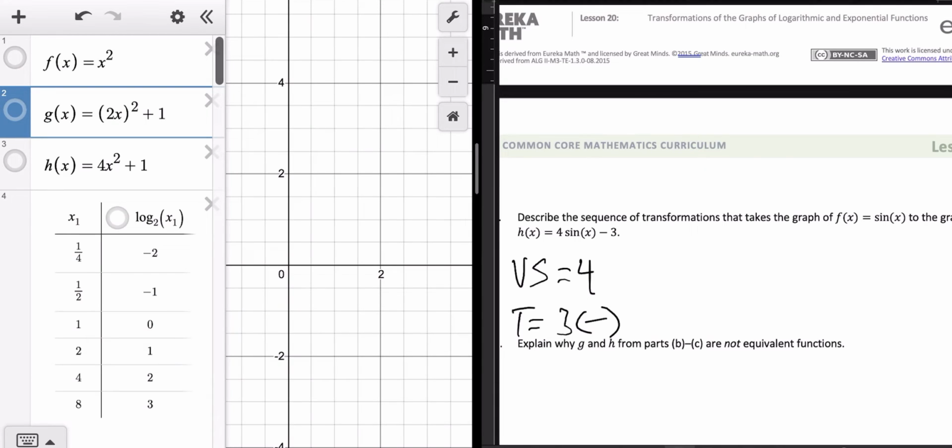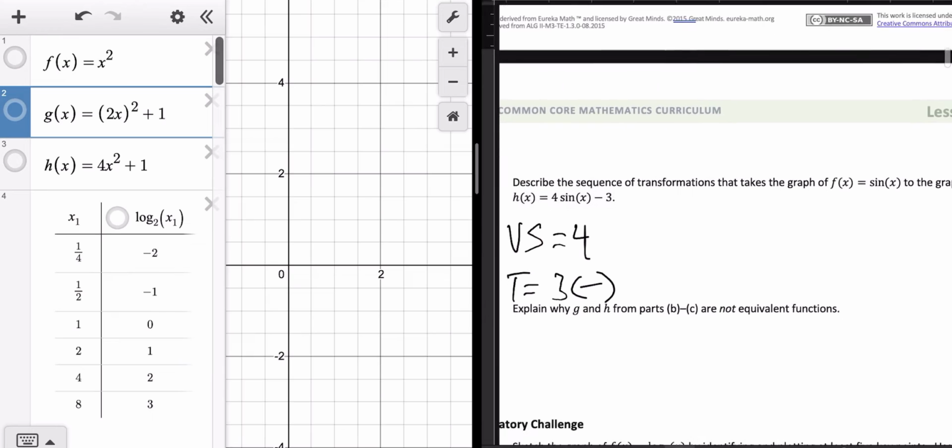So if you have a 1 for x, you're going to multiply that by 4, and now you're going to have a y of 4. So you're going to have 1, 4, and you're going to stretch that up. Technically you're going to have to subtract 3, but we don't really care about that right now when we're talking about the translation. We're just trying to figure out our vertical scaling and horizontal scaling.